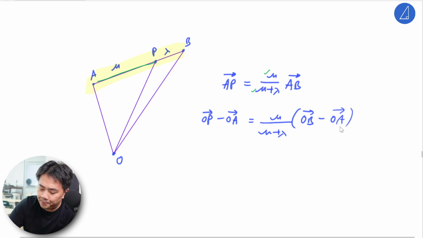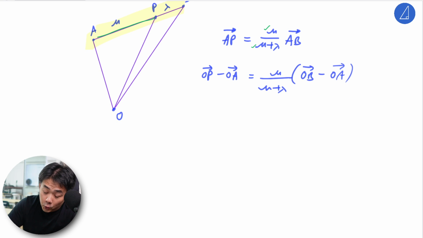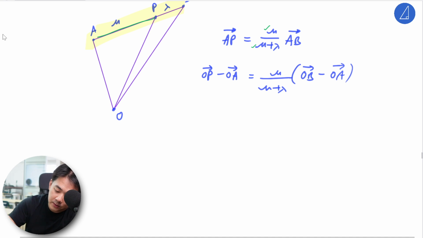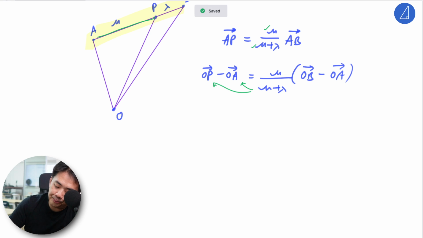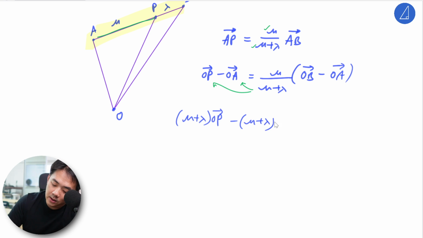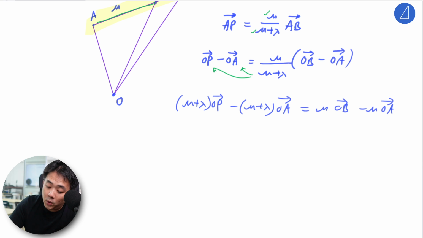Then I just need to multiply to the other side. If I cross multiply these two, I will get mu plus lambda OP minus mu plus lambda OA, and then this one will leave me with mu OB minus mu OA. Remember my goal here is to make OP the subject.